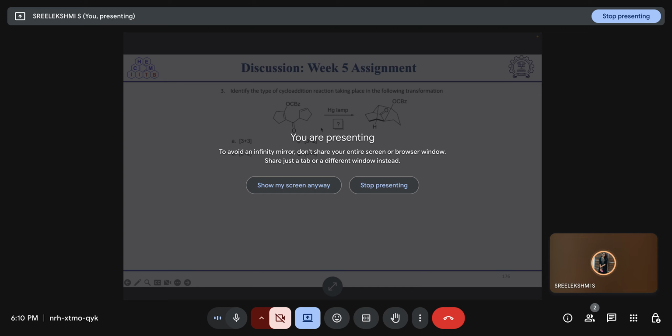So here, which will be the type of cycloaddition? 3 plus 3, 3 plus 2, 2 plus 2, or 4 plus 4? Which cycloaddition reaction is taking place here?